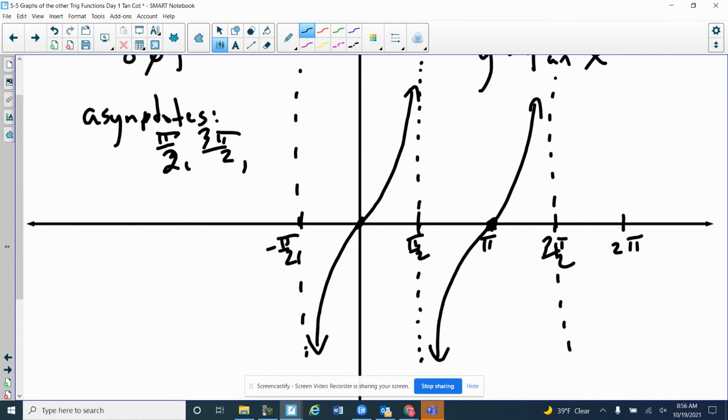Okay? Let's try the cotangent graph. All right, so we do the same thing. Let's go with cotangent. Go ahead and mark it with pi over 2, pi, 3 pi over 2, and 2 pi.